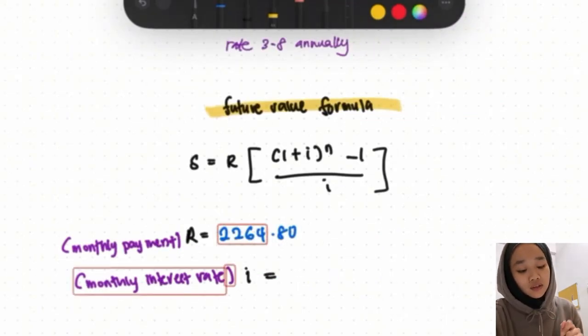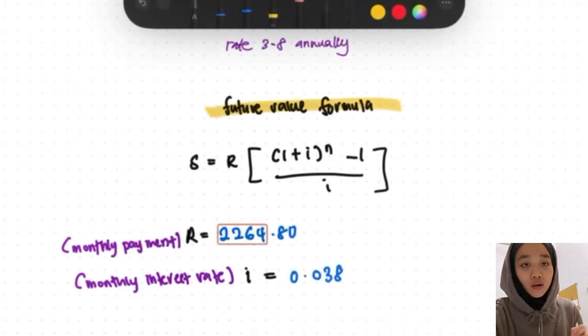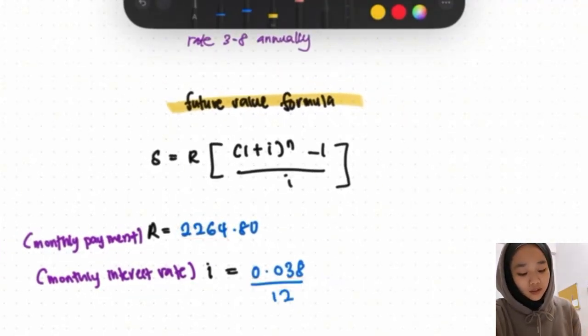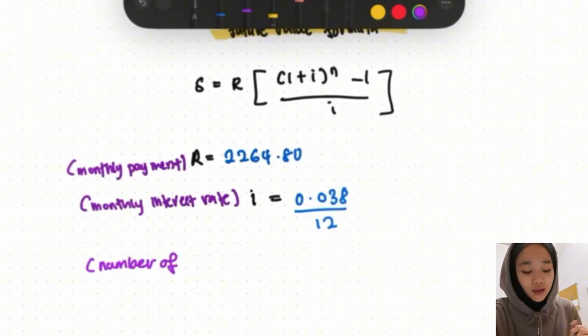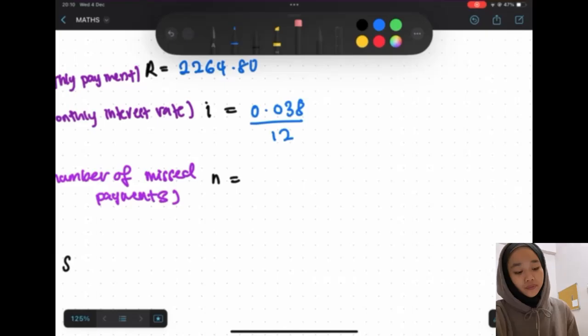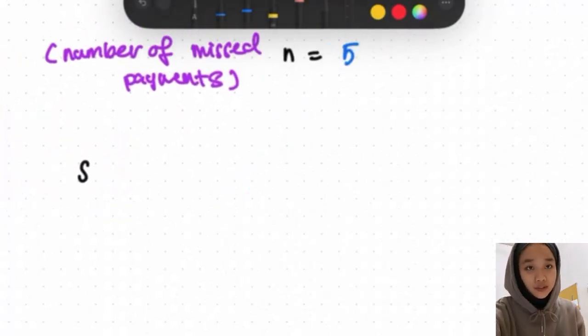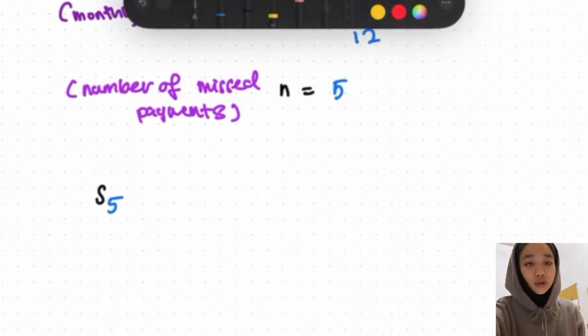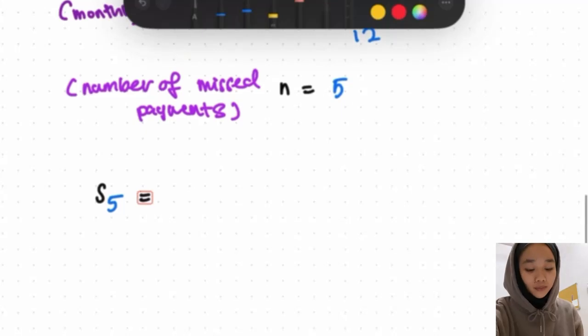Meanwhile, the monthly interest rate is 0.038 over 12, and n, the number of missed payments, will be 5. And now we substitute all the information into the equation so that we can get the answer.